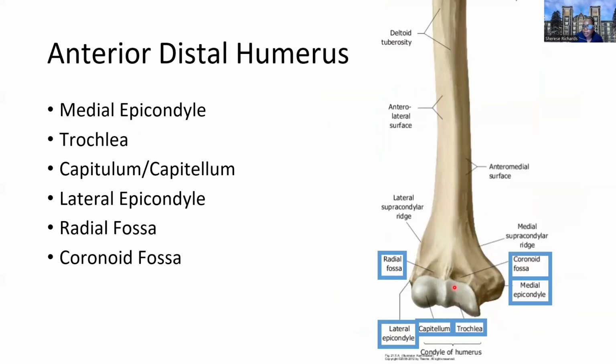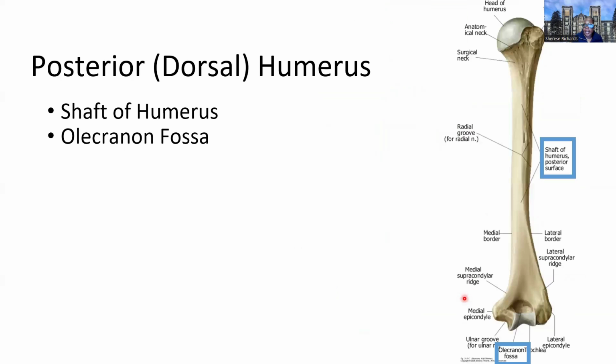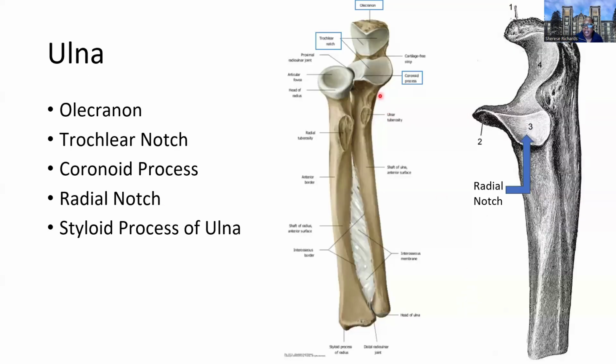So here's the trochlea. And then the notch is going to actually articulate in that space, especially when flexion and extension are occurring. So that is the trochlear notch. And then we have the coronoid process. Likewise, the coronoid process will articulate into the coronoid fossa during flexion.